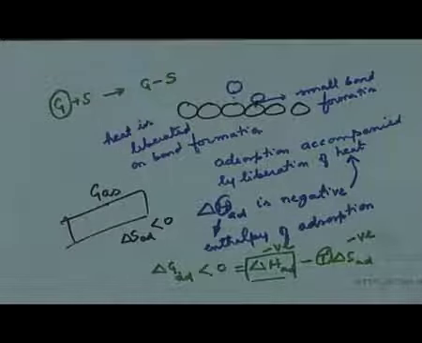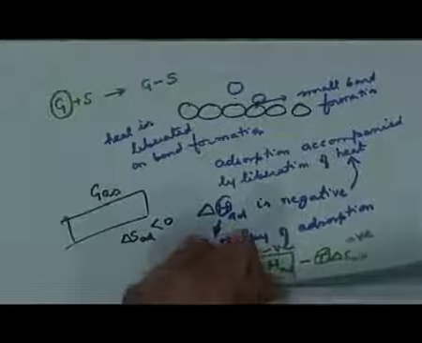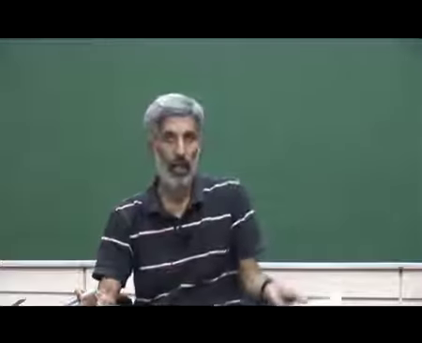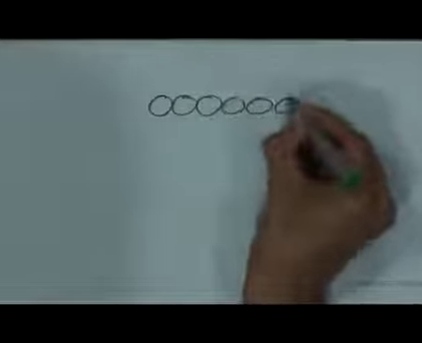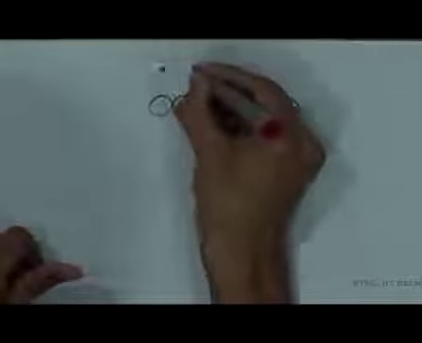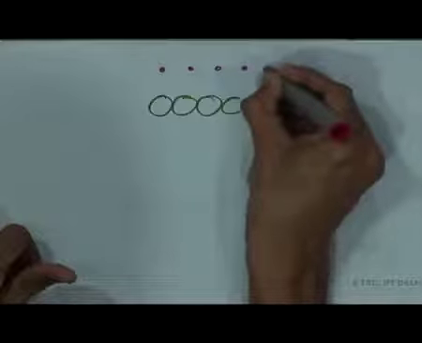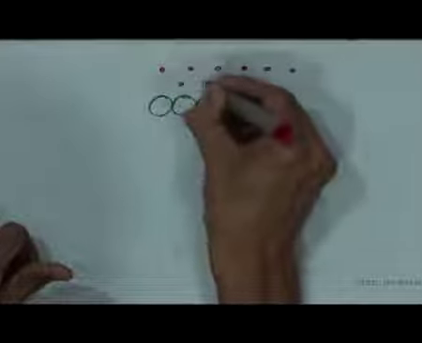Okay. So, now what we will need to look at is what happens when a gas comes to the surface. If you have a surface like this, and you have gas molecules, call them red dots, let us imagine, and we have a large pressure on top of this.